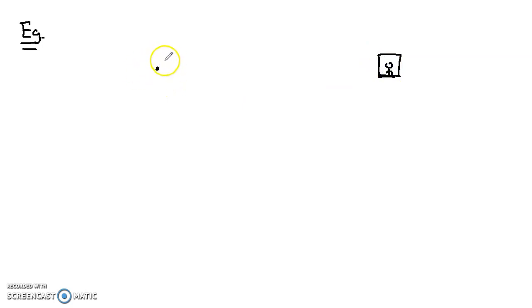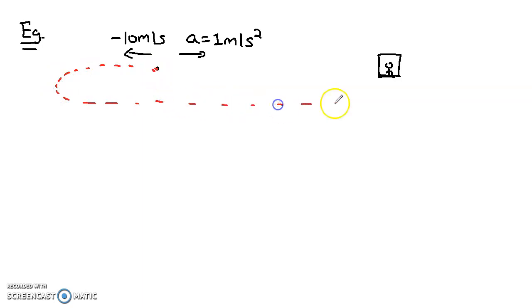Now it looks like the car's velocity is negative 10, but the acceleration is positive 1 meter per second square. So the car would look like it goes backward, then takes a turn, and then comes back for the cart.